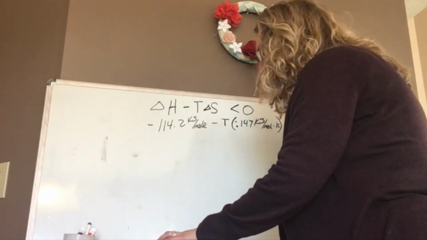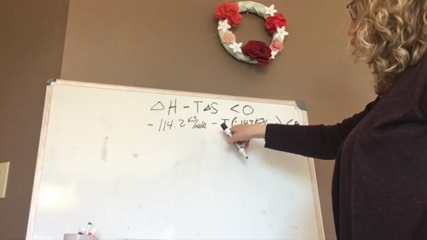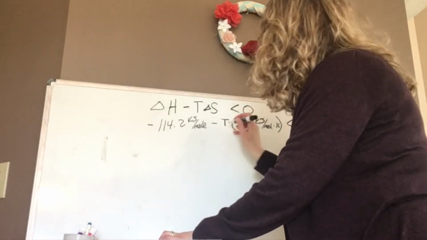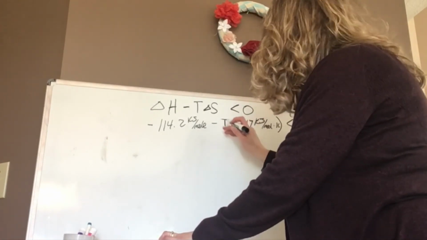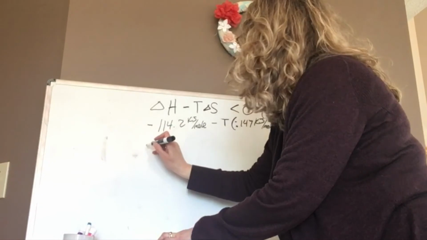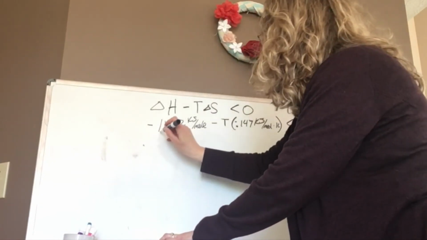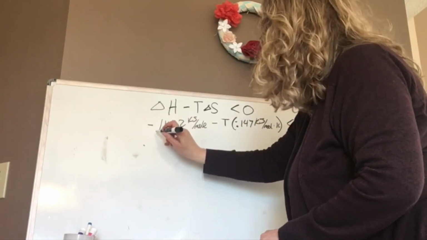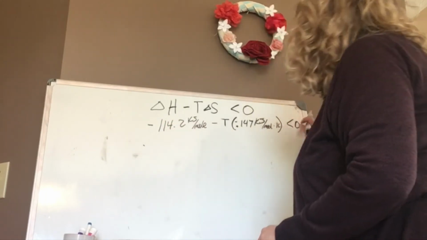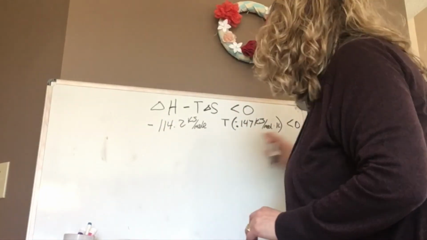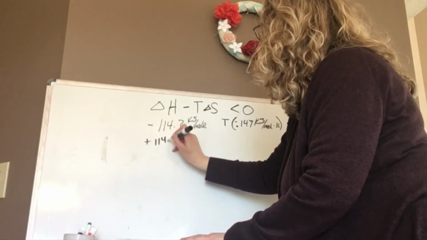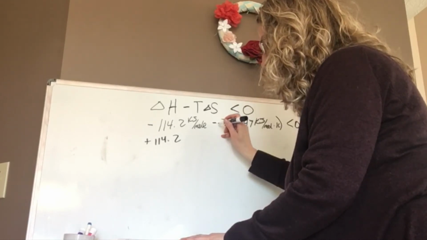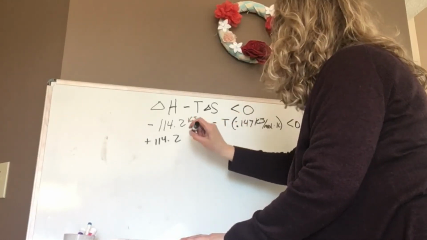So I have to solve it for T. I've got to get this to the other side. Is it easier to bring that one over there or that one over there? I'm going to add 114.2. I just get confused on my math here, so I need to add that.